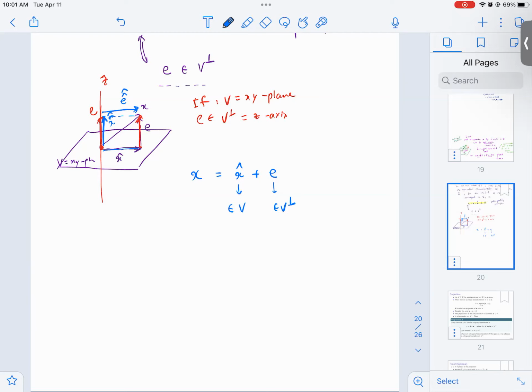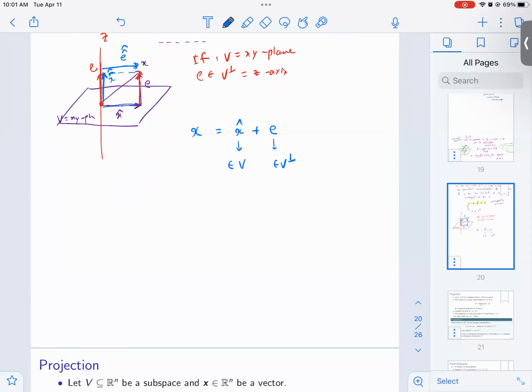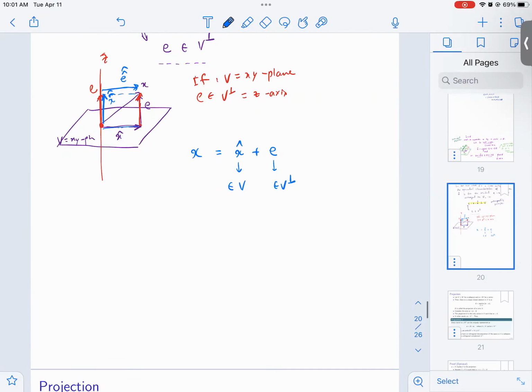So you already know this, for example, in R3, every vector can be written as a component in the XY plane, let's say, plus a component in the z-axis.